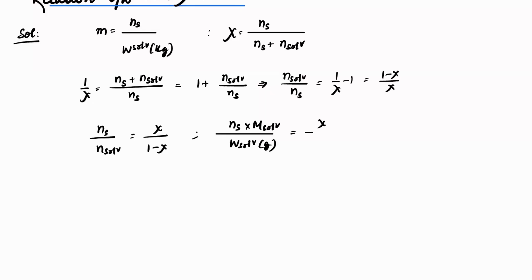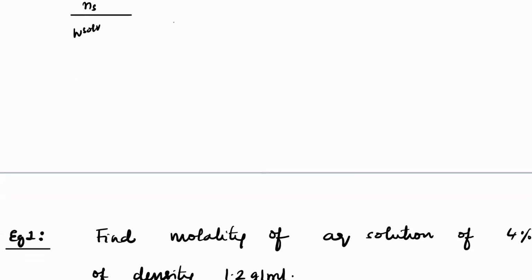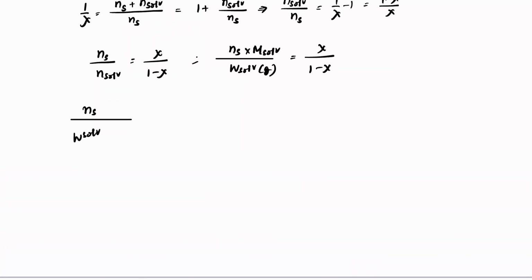Now, if these grams I have to represent in kgs, I can write this as number of moles of solute upon weight of solvent in kg multiplied by 1000, that is equal to x upon 1 minus x.